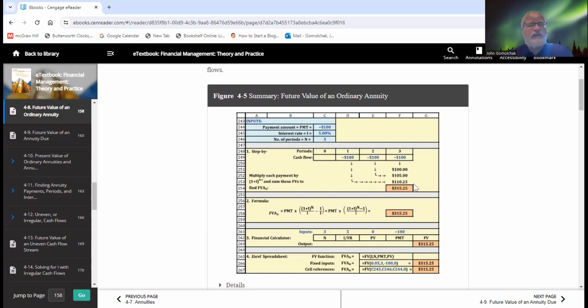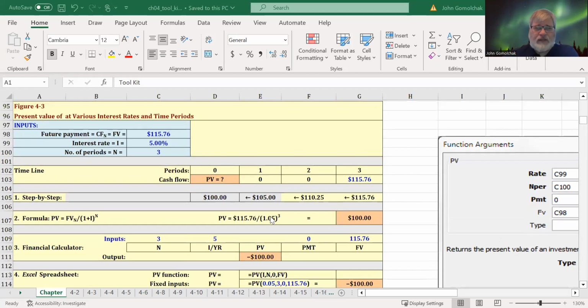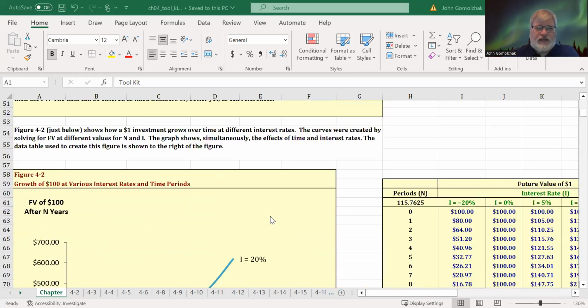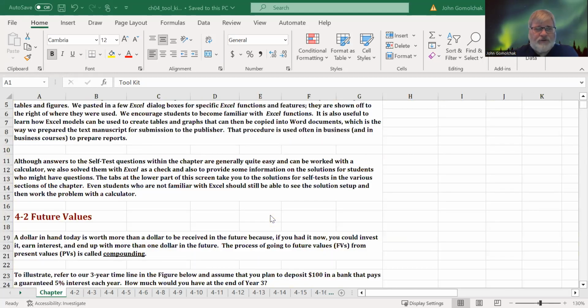Now we saw this before. Let me get it. I'm sharing the spreadsheet that the authors have made available to us.